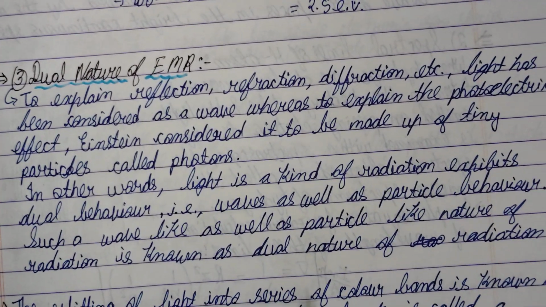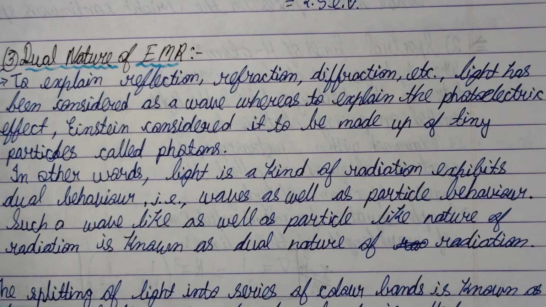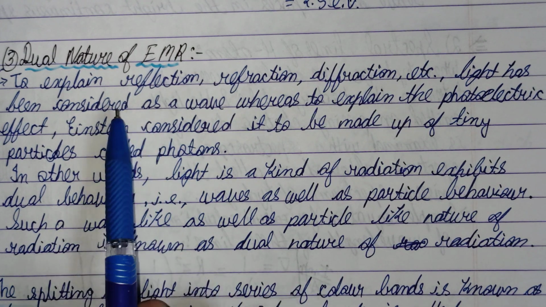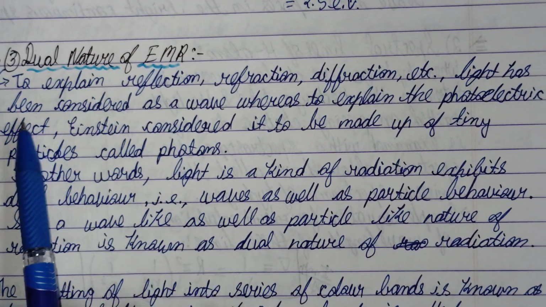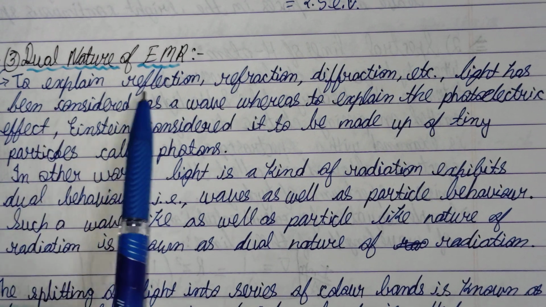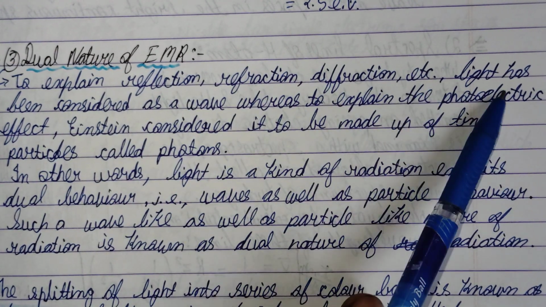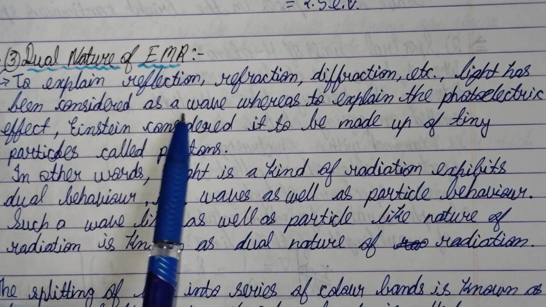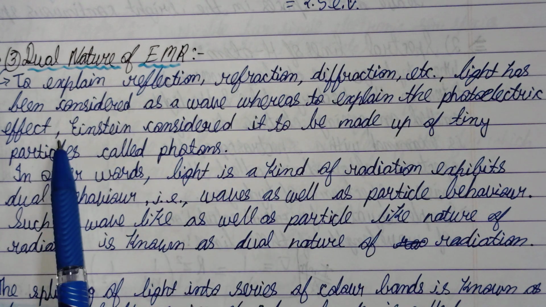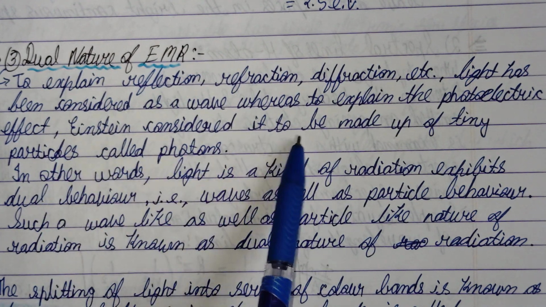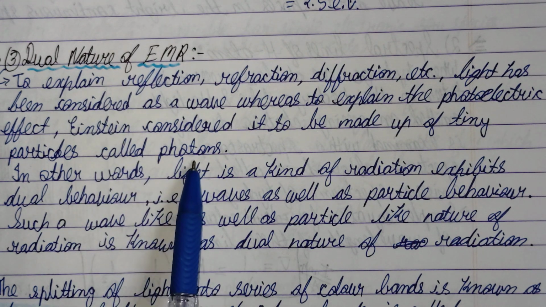Next is dual nature of electromagnetic radiation. This is important. Dual means two natures. So what do two natures mean? To explain reflection, refraction, diffraction, etc., light has been considered as a wave, whereas to explain the photoelectric effect, Einstein considered it to be made up of tiny particles called photons.